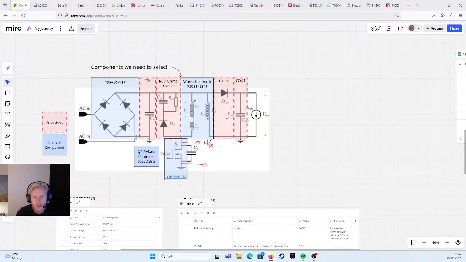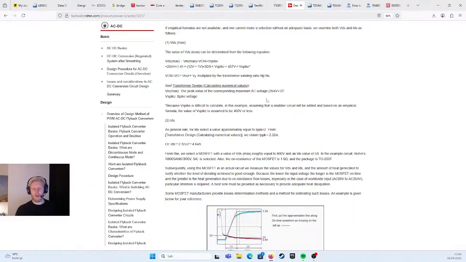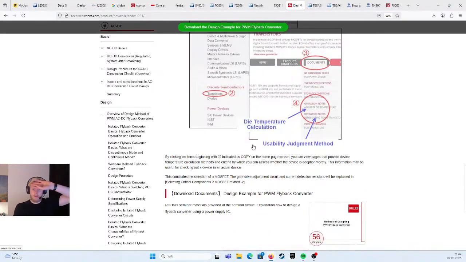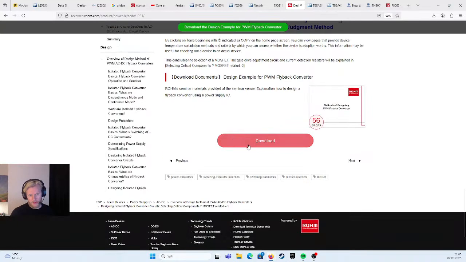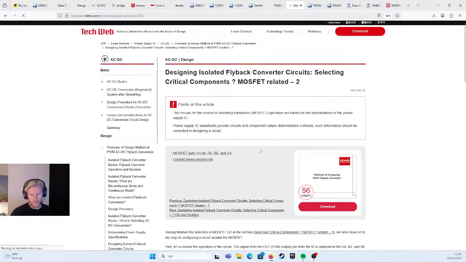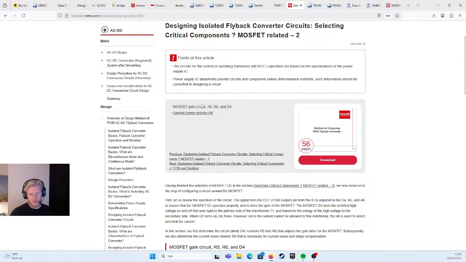And then we can go ahead and select a diode, I think. I think that's also the next step in the guide. The gate drive adjustment circuit and current detection resistors will be explained in the next one. Yeah, selecting the gate circuit.